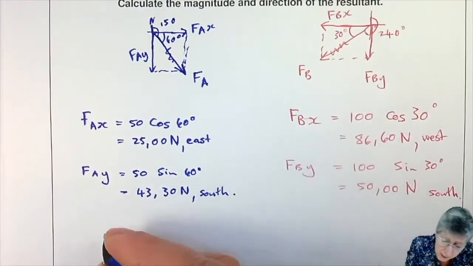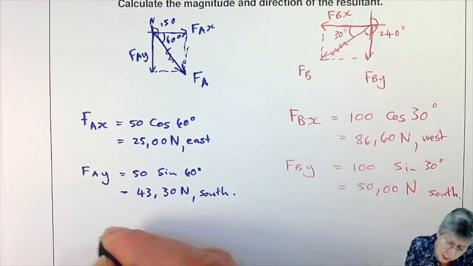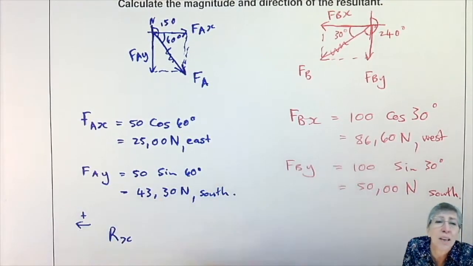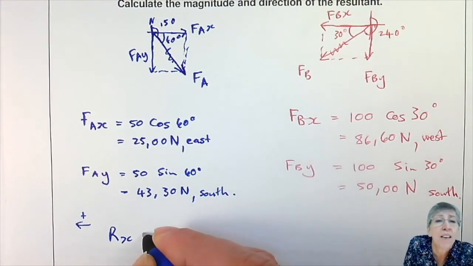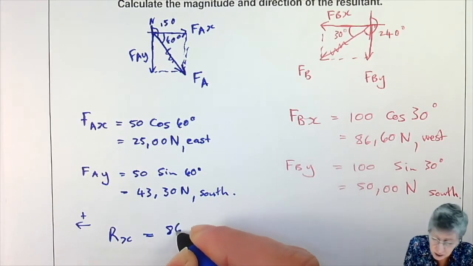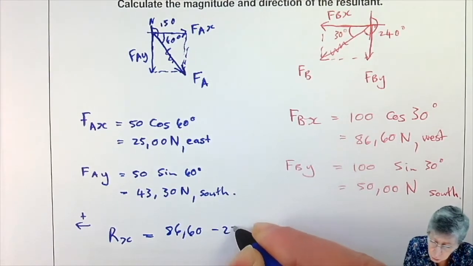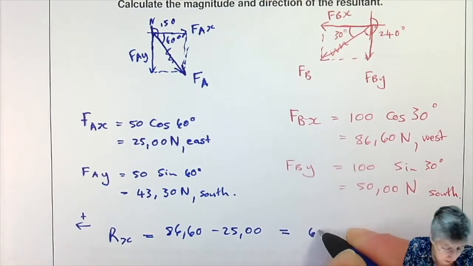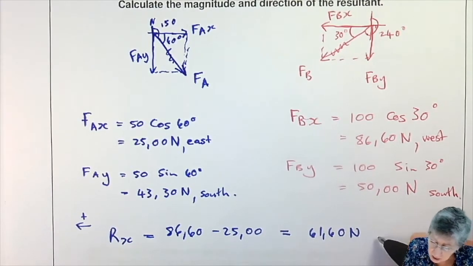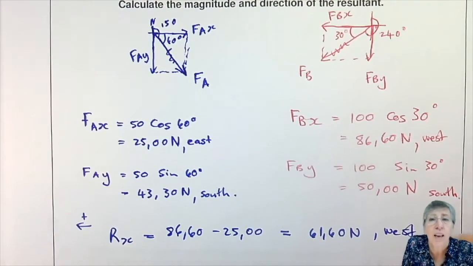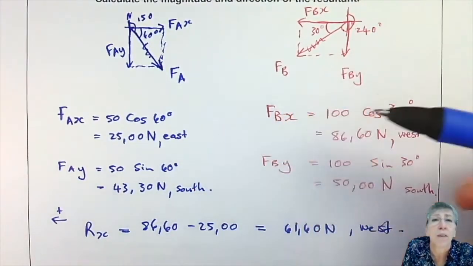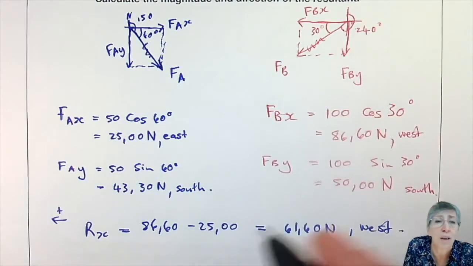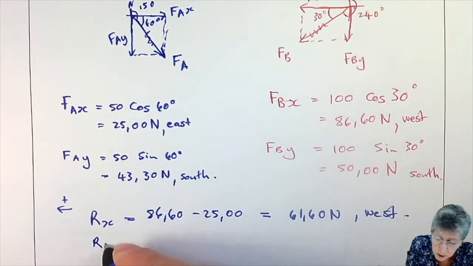So for Rx, the resultant in the X direction, I'm going to use to the west as my positive. And that means I will end up with 86,60 minus that 25,00, and I end up with 61,60 Newton, and that is obviously now towards the west, right? So west is winning, right?